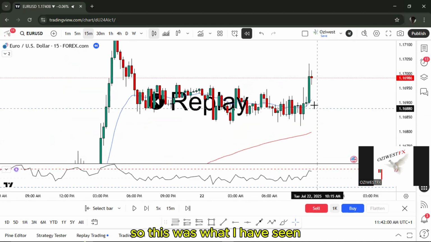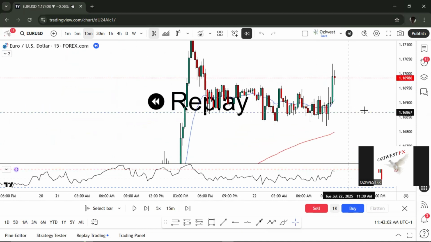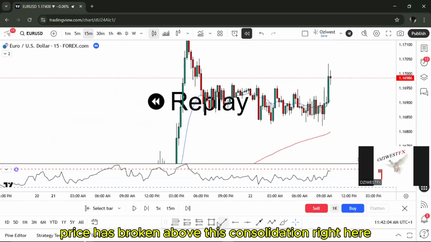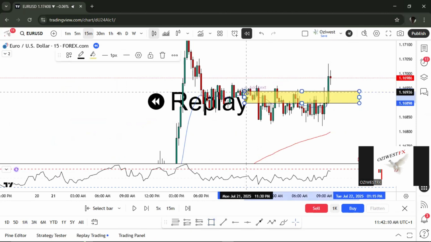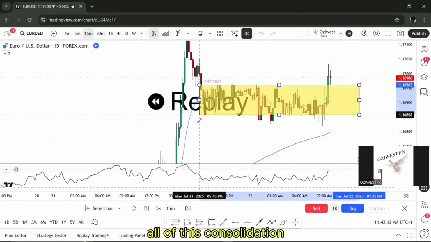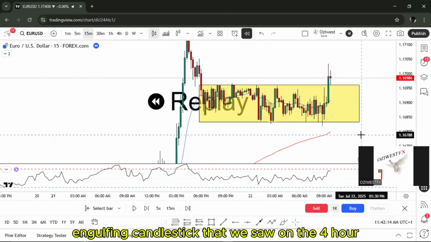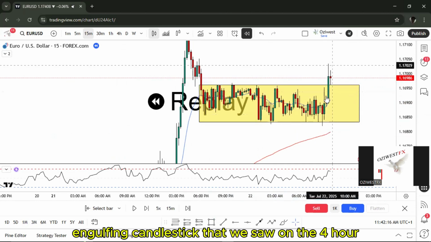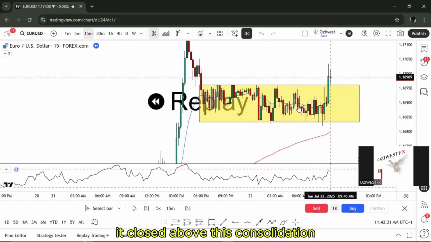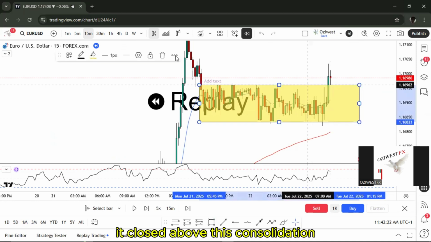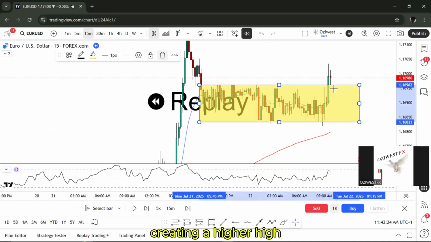So this was what I have seen. Price has broken above this consolidation right here. All of this consolidation, that bullish engulfing candlestick that we saw on the 4-hour, this is it right here.